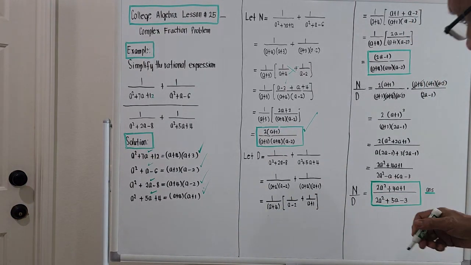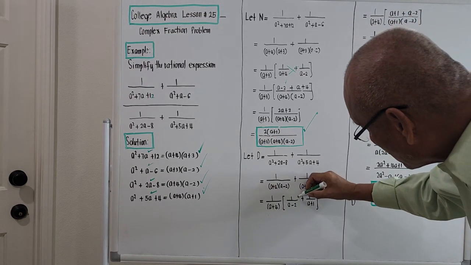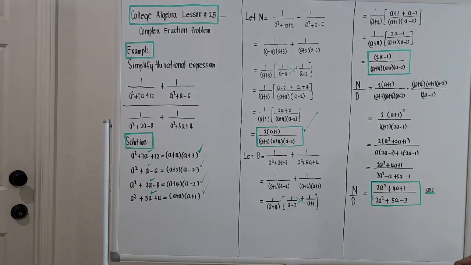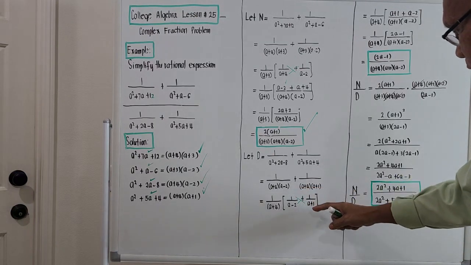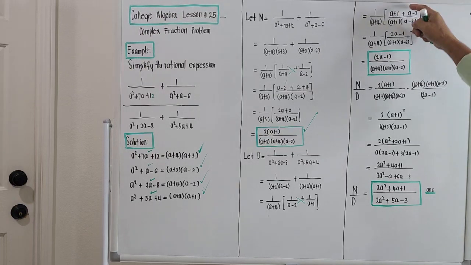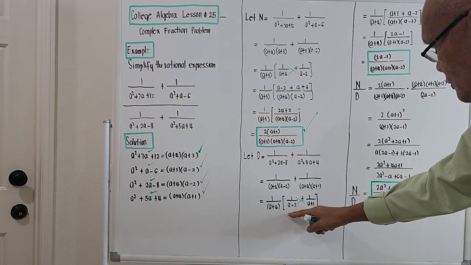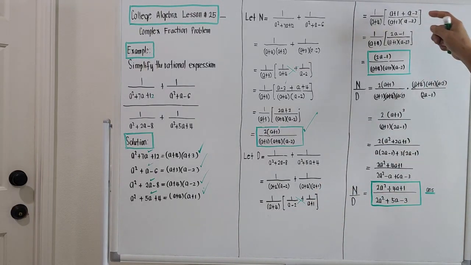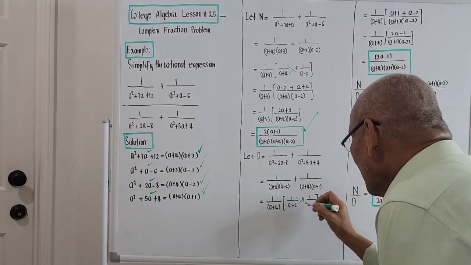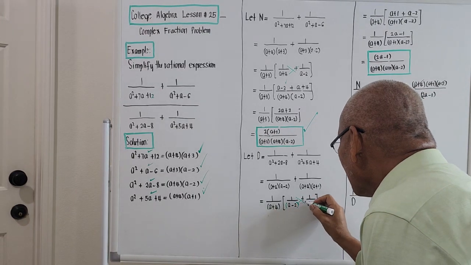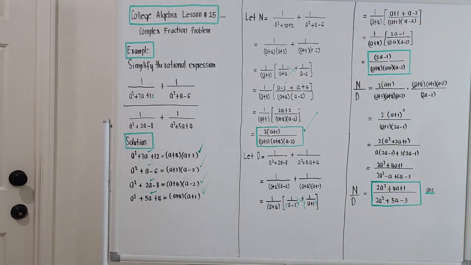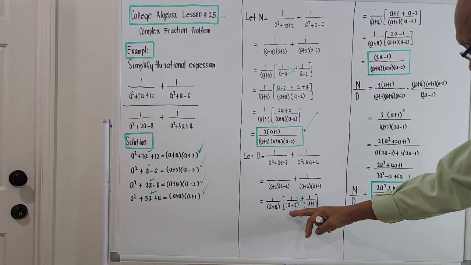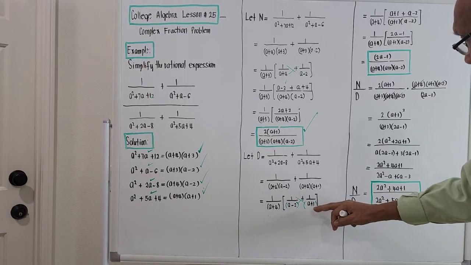And again, like what we are doing in the shorts videos, we saturate. 1 times the quantity a plus 1 will be a plus 1, and 1 times the quantity a minus 2 is actually a minus 2. I forgot the quantity here. And the resulting denominator will be the product of the two binomials a minus 2 times the quantity a plus 1.